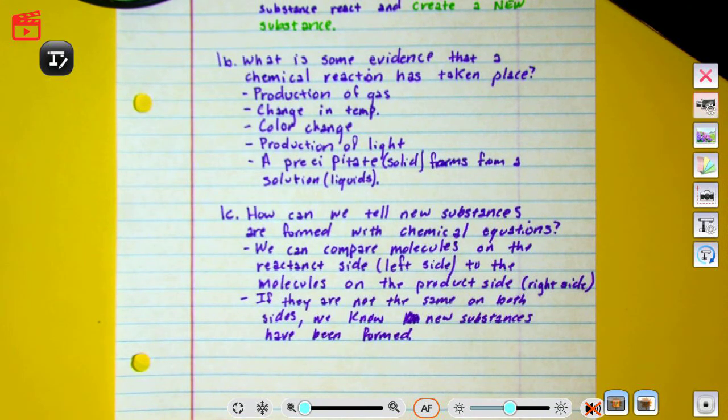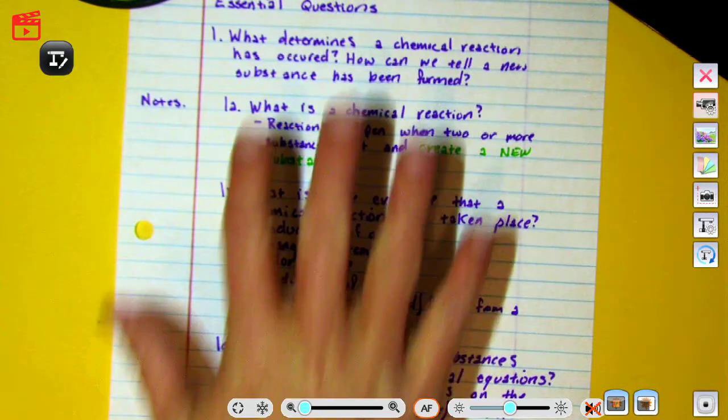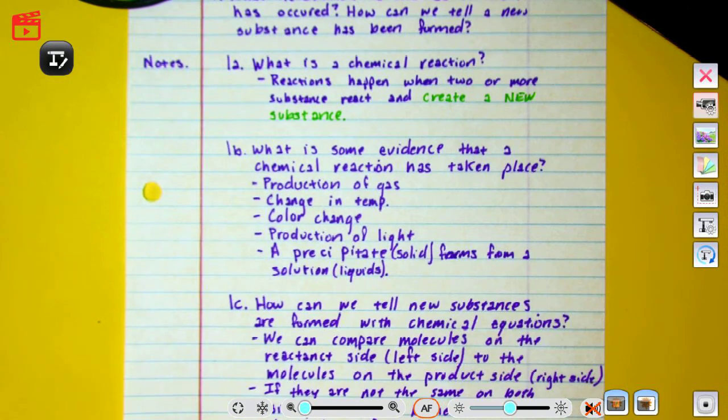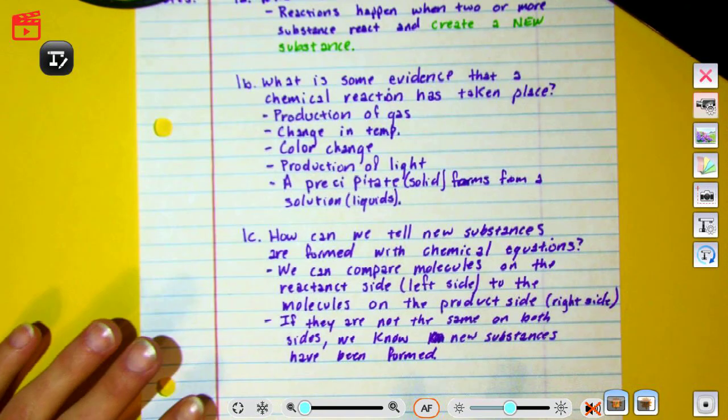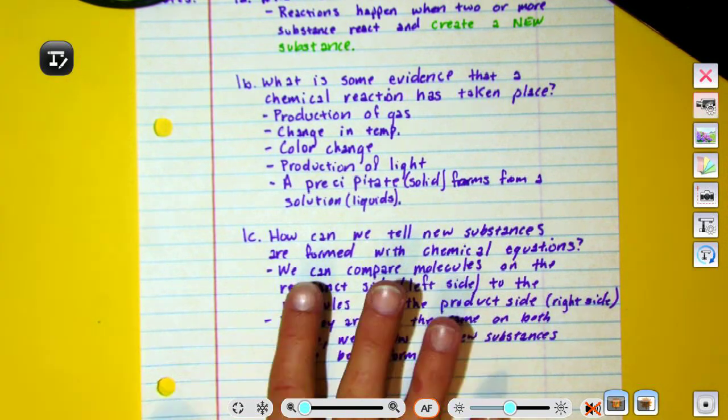All right, so if you study this right here, we have one more essential question, but I don't know how long I've been recording this, and I feel like it's probably longer than I wanted. So I don't want to do the other one on the same video, but in your assignment, I will have both of these linked. You can flip the paper over to the back of this one when you get to the other thing, because I want you to take all these notes together, because we have 2 essential questions.